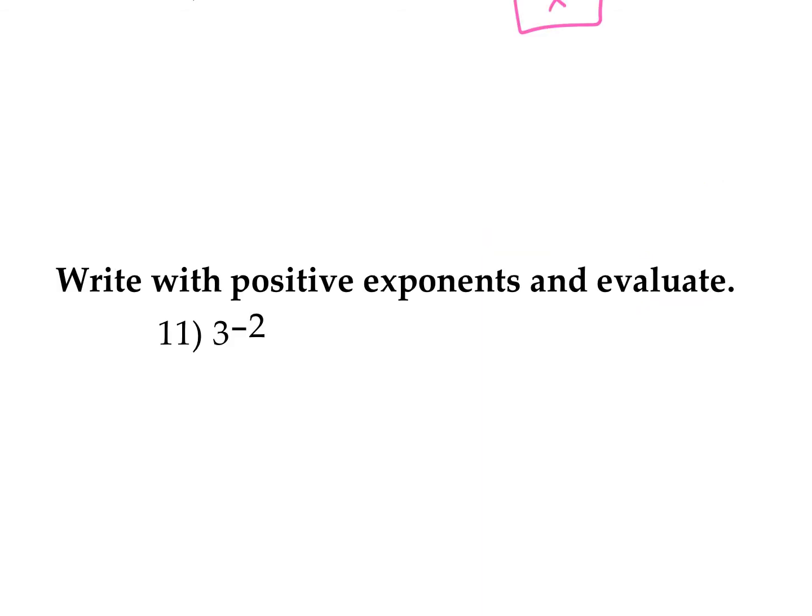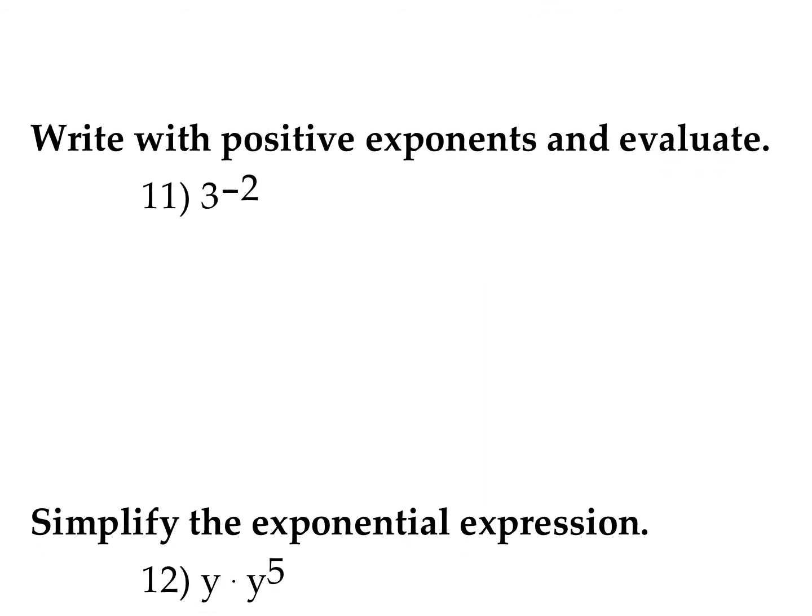11. This was a question from the Kahoot yesterday that a lot of people got wrong. 3 to the power of -2. What should I do first? Flip it. Perfect. We would like positive exponents, so 3 squared would go on the bottom, 1 over 3 squared. And then how can I simplify?